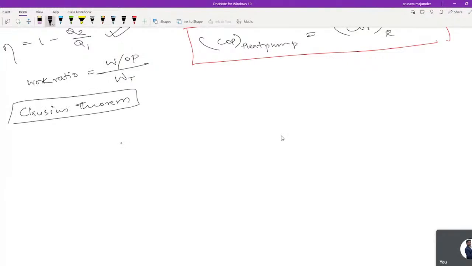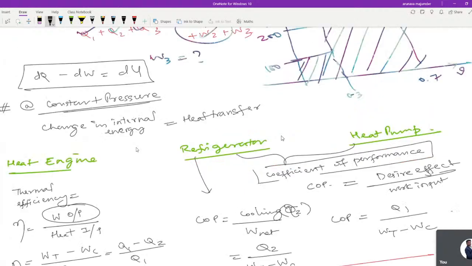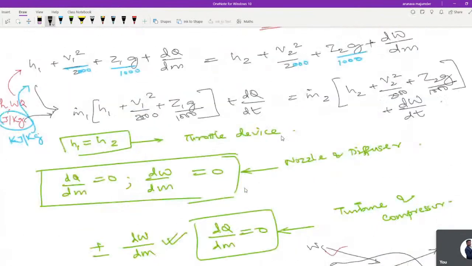Clausius theorem. You just need to understand this expression. You just need to remember what entropy is and what the property of entropy is. We have already discussed this entropy and the cyclic nature.